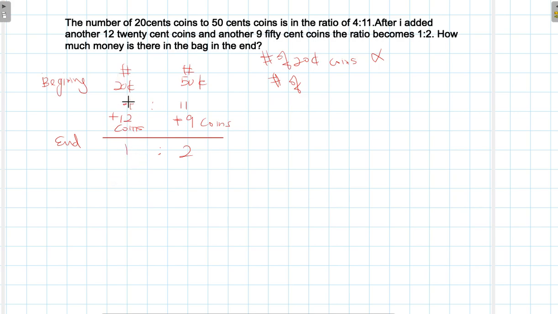Correct, it's not the same because I add 12 20-cent coins already. What about the 50-cent coins? Is it the same? No, because here I add 9 coins already, so it's not the same.